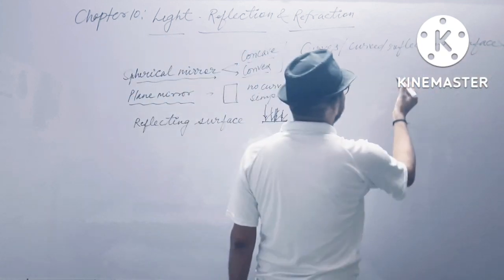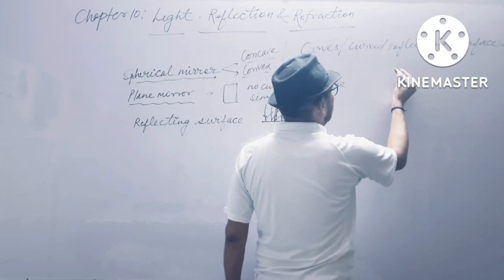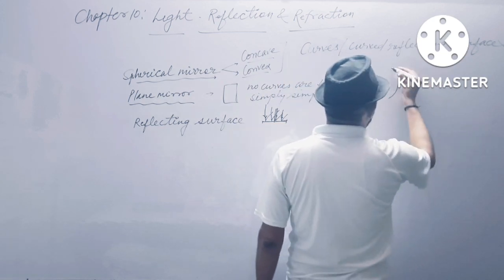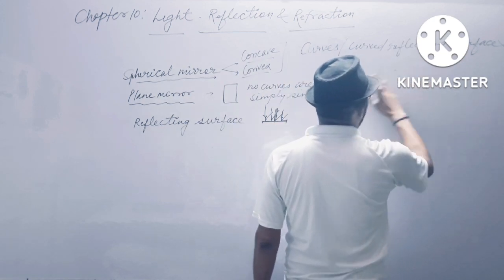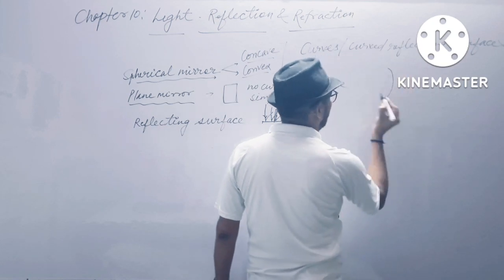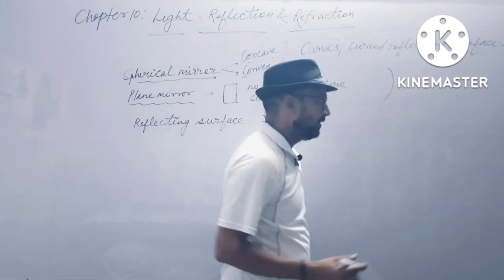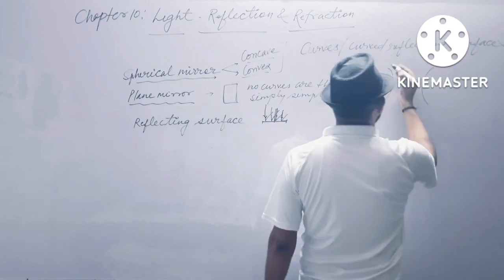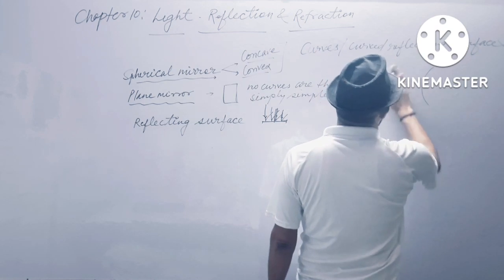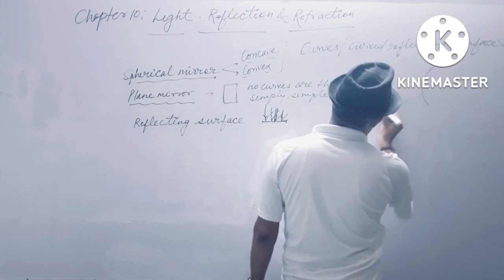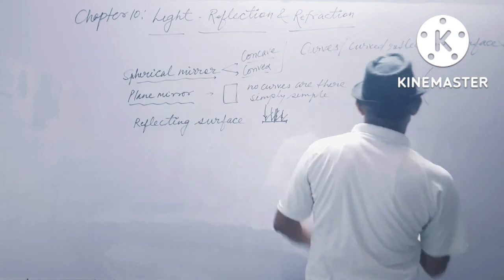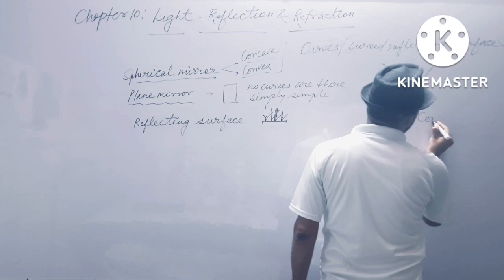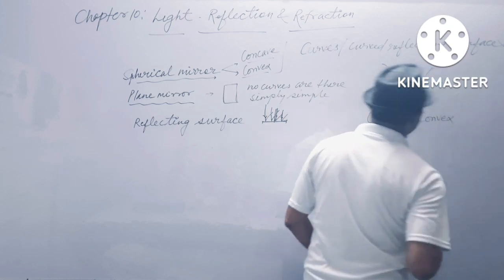Like, see, and another one is, this is concave, and this one is convex.